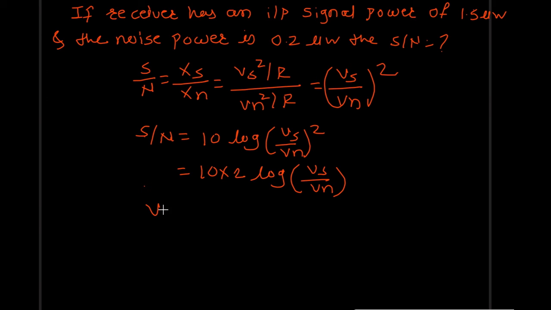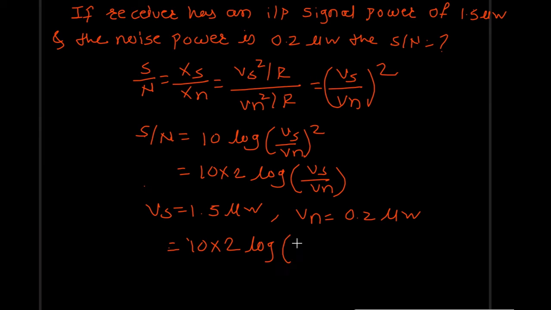Here the signal power is 1.5 microwatt and the noise power is 0.2 microwatt. So 10 into 2 log of 1.5 divided by 0.2. So we have to calculate this term by using a calculator.